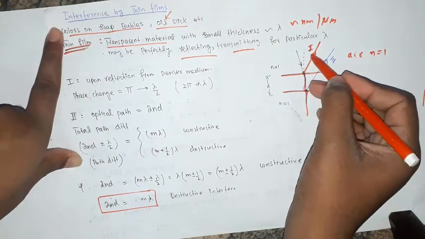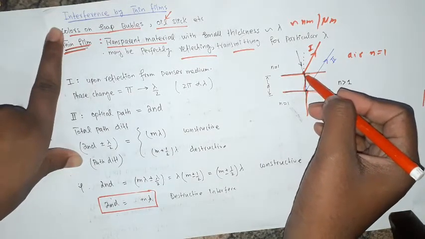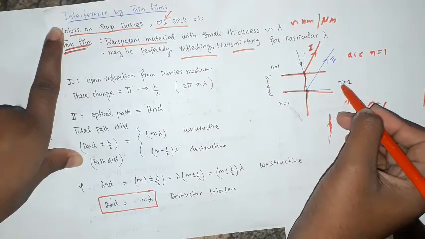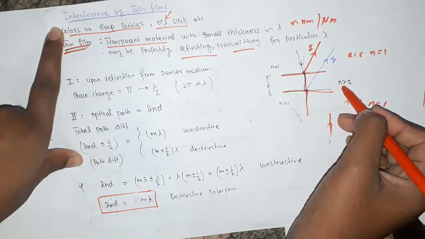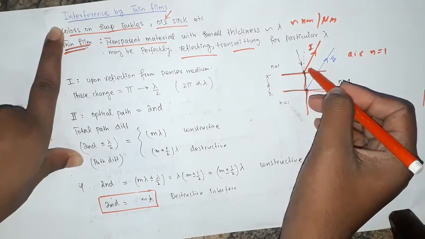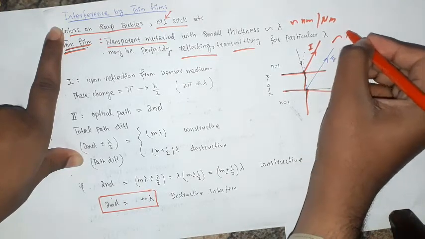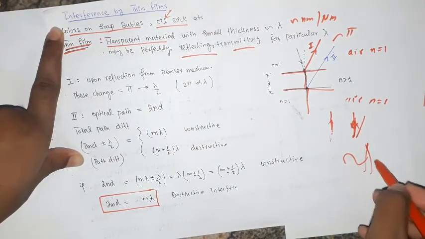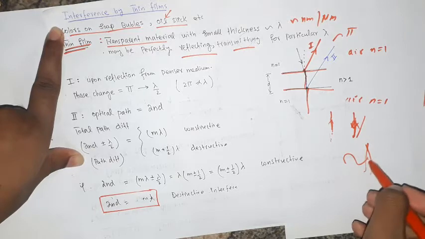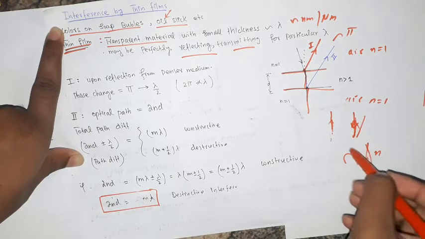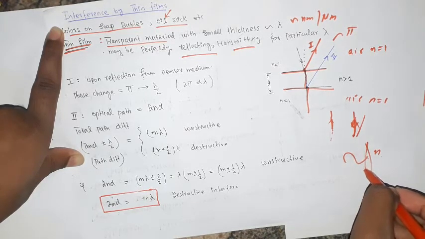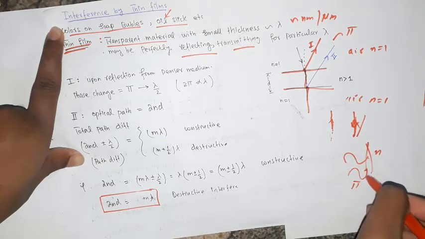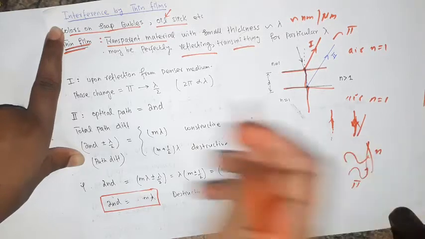Since this wave is reflected from the boundary of a denser medium, this is a rarer medium and this is a denser medium because it has a higher refractive index, it will suffer a phase change of pi. We know that when a wave is reflected at the boundary of a medium with a higher refractive index, the reflected wave suffers a phase change of pi.